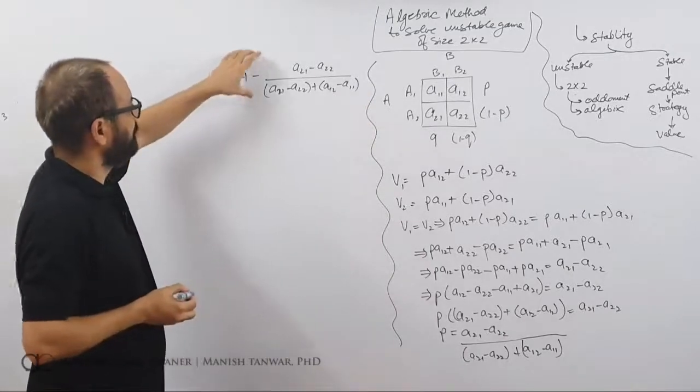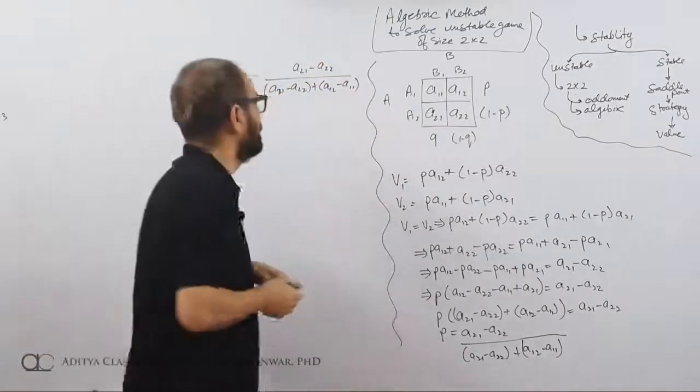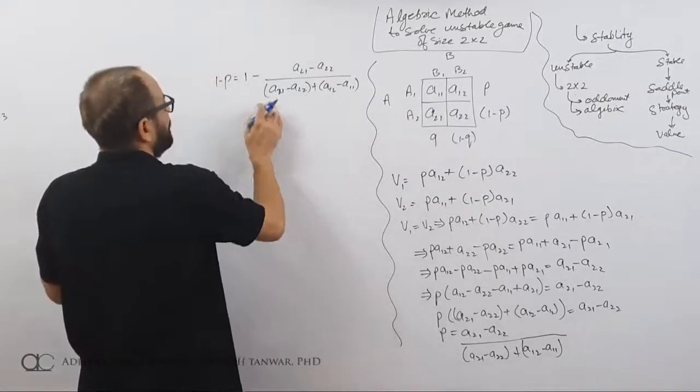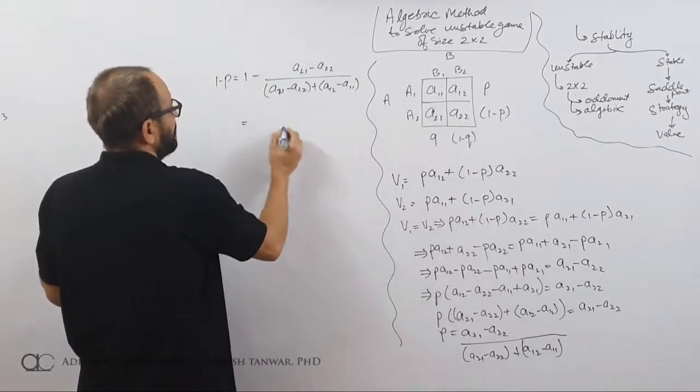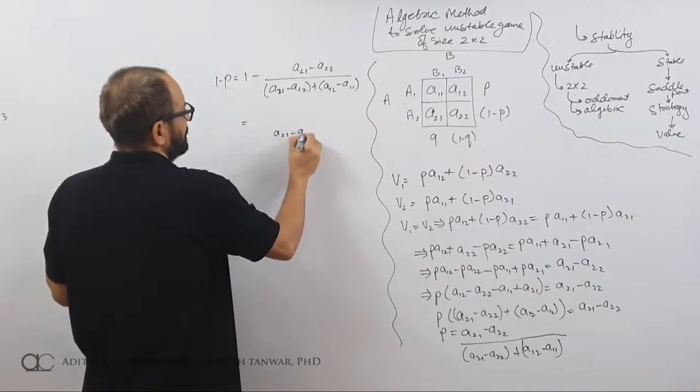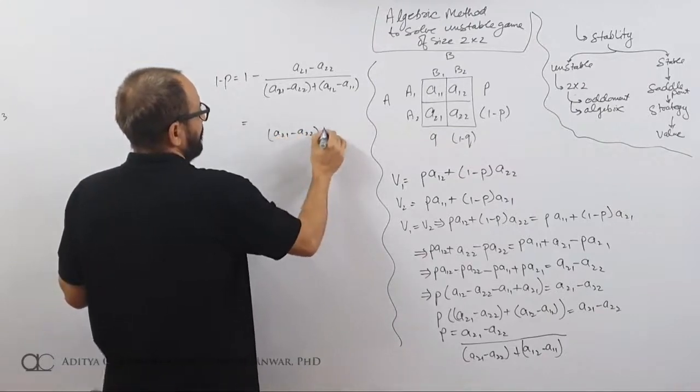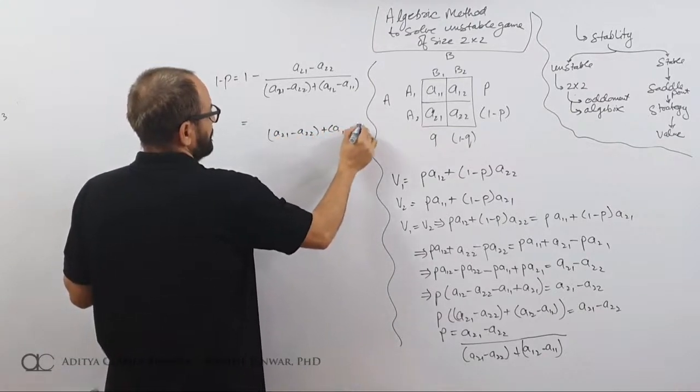If I try to solve it, the LCM becomes A21 minus A22 plus A12 minus A11.